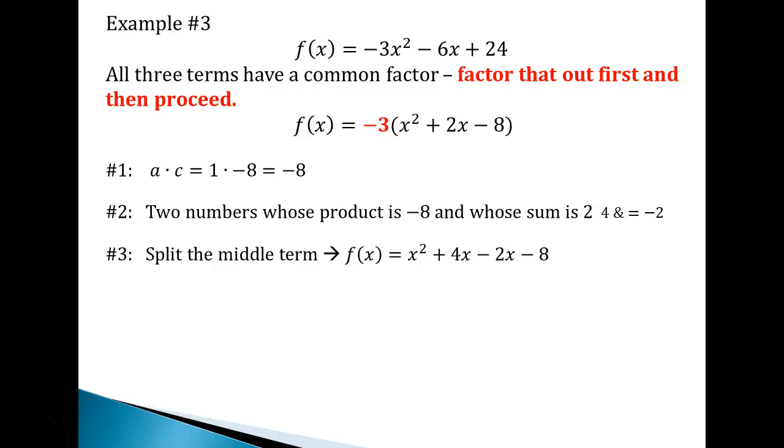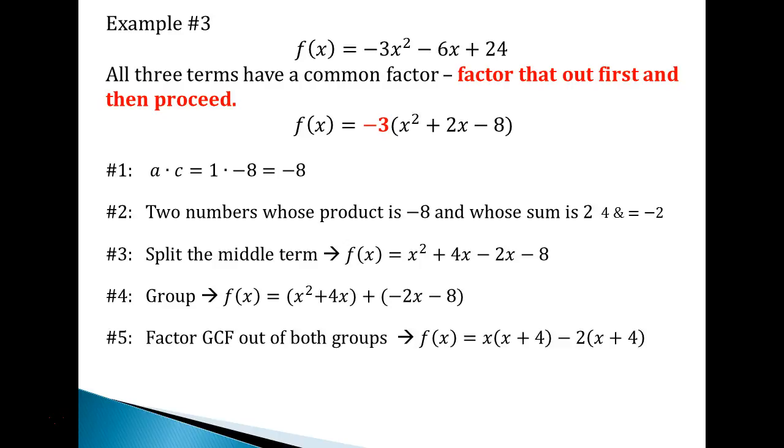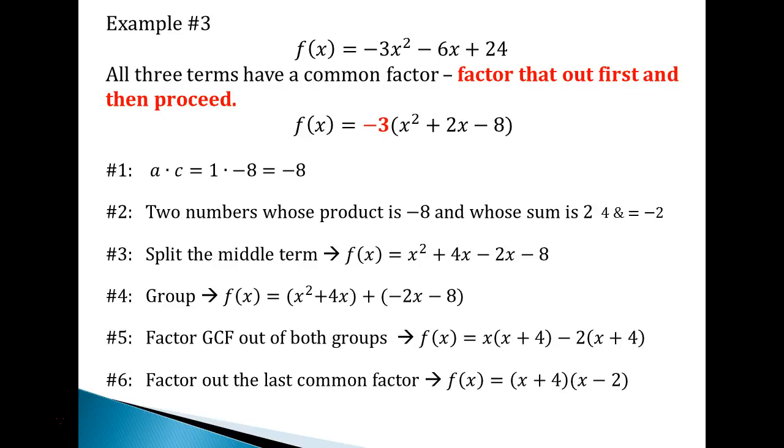I'll use those two numbers to split the middle term, make my groups, factor out the greatest common factor from each group. So x squared plus 4x share a factor of x, and minus 2x minus 8 share a common factor of negative 2. And so I will factor out the common factor of x plus 4 and arrive at my answer.